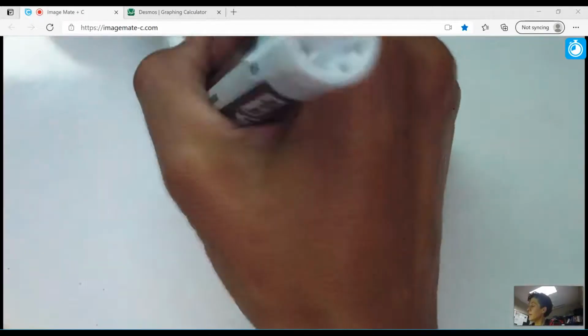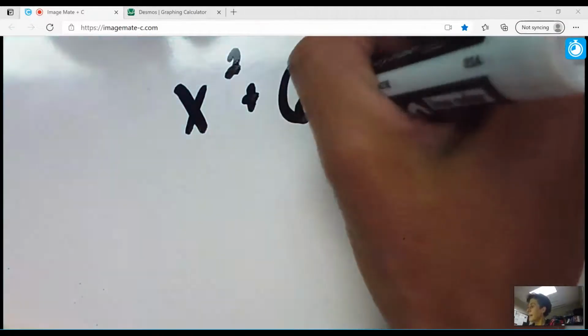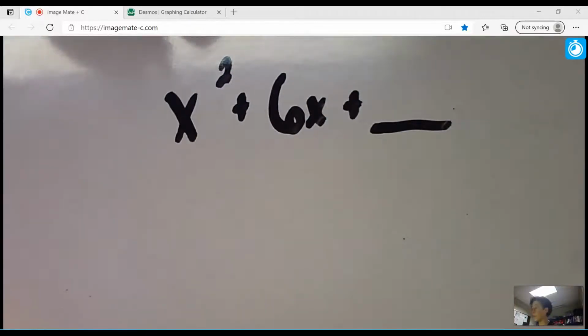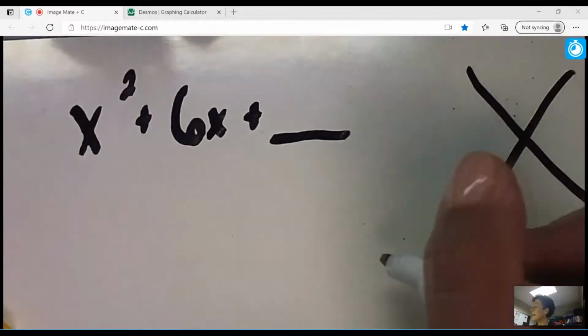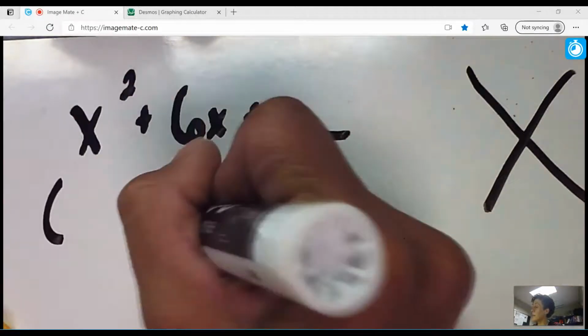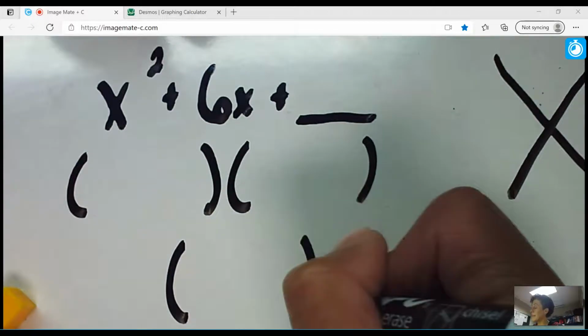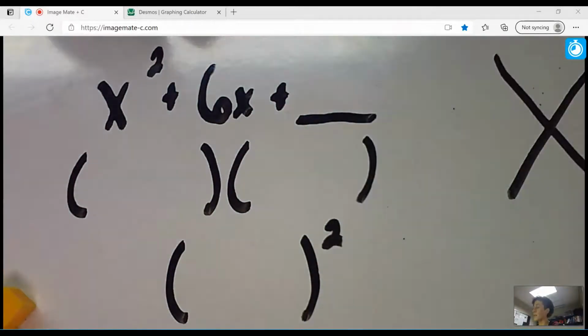So what I'm going to do is I'm going to take x squared, and we'll just start with 6x, and we're going to be finding out what number goes here to make this a perfect square trinomial, so that when we're done factoring it, we have 2 identical sets of parentheses that we can then just write as one set of parentheses squared. So the question is, what is that number going to be? So this is how that works.